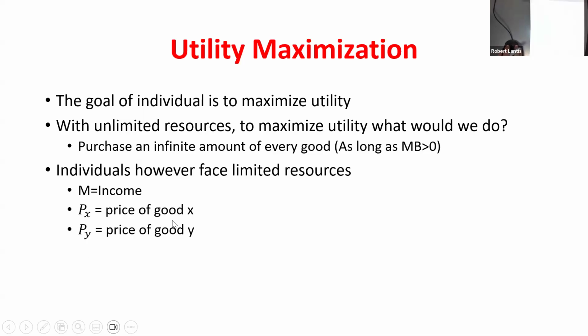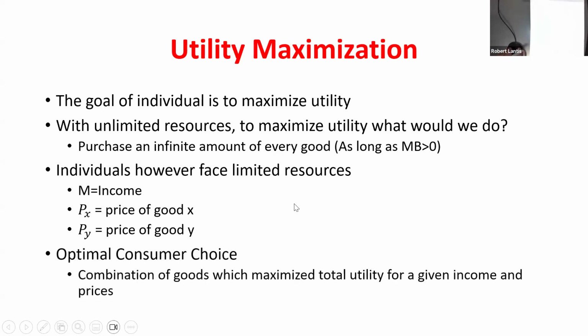So I'm going to weigh this out, marginal cost versus marginal benefit, and we have a more difficult decision to make. Our ultimate goal, and I think we'll get there a little bit today, we'll solidify it on Monday, is to choose the combination of two goods where total utility is maximized.